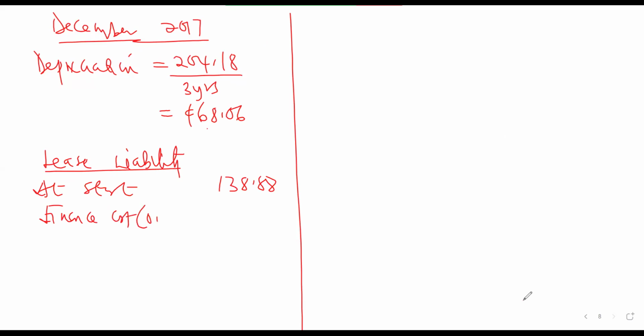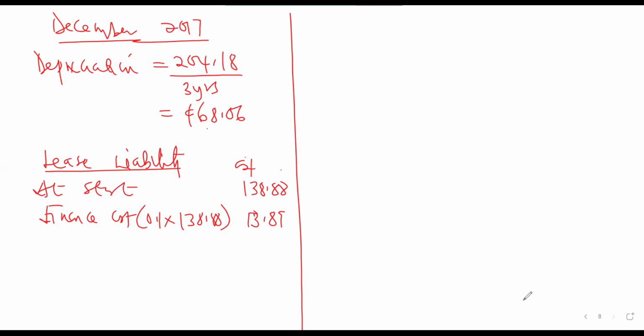Finance cost will be 0.1 multiplied by the balance at start, and that will give us, so we have the 138.88. So we have 1.1 multiplied by 138.88. I'm having 13.89.